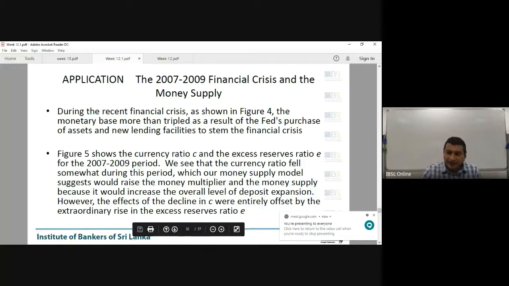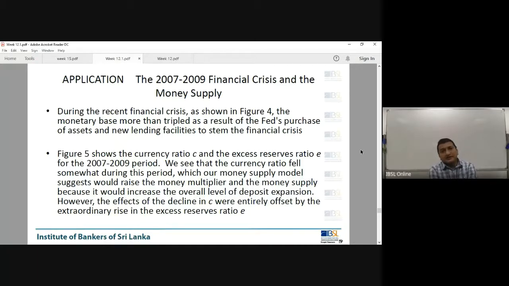What you are seeing here is very interesting. During the recent financial crisis, you will see in the figure that's coming up in the next slide, the monetary base more than tripled. In the Great Depression, you see a more stable monetary base.